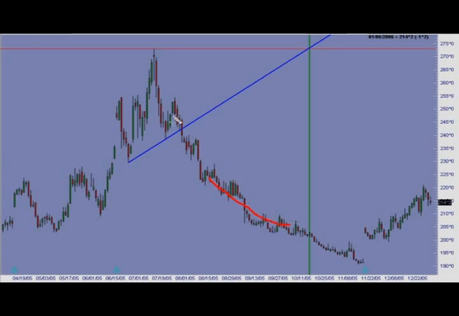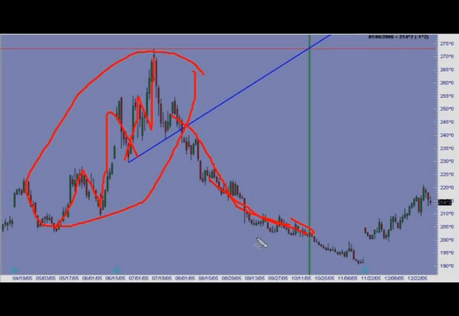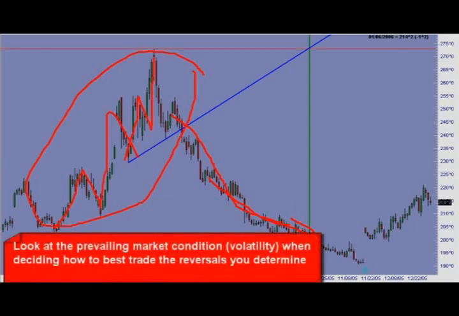Unfortunately, most market conditions don't allow this type of motion. It is more likely to have swings like this. And this is the key area where the reversals will make a dramatic impact, when you have more volatility. At the same time, this is the type of market condition that is also more potentially profitable. In any event, it's important to look at the prevailing market condition and consider that when using the reversals.